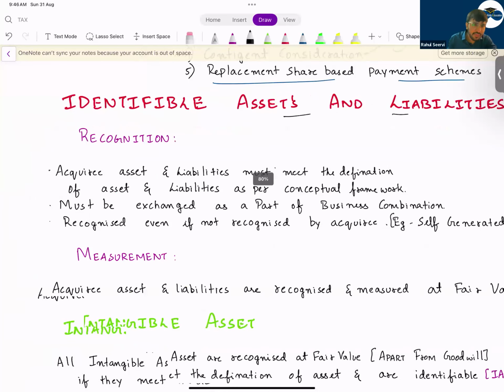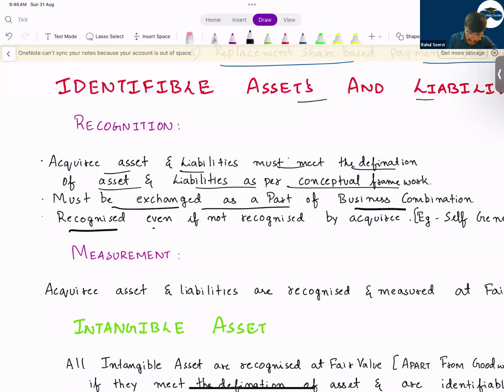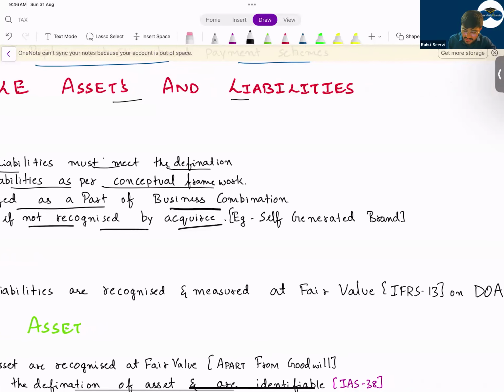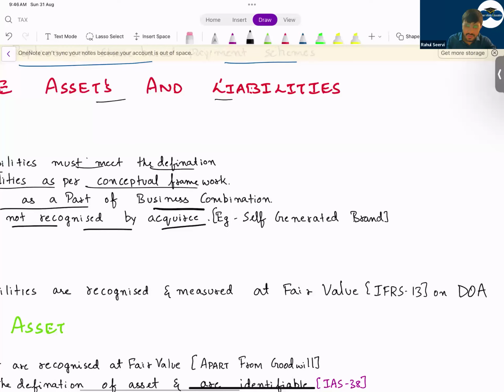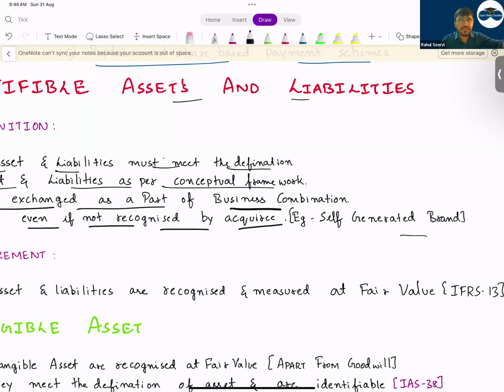To record, they should meet the definition in the conceptual framework. Acquired assets and liabilities must meet the definition of assets and liabilities as per the conceptual framework, must be exchanged as part of the business combination, and are recognized even if not recognized by the acquiree, like self-generated intangible assets. What will Geo company do? Geo company will not record any intangible asset in its books because they will say they are not able to identify the cost.